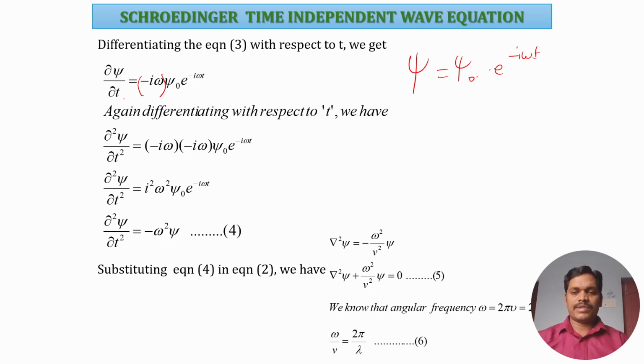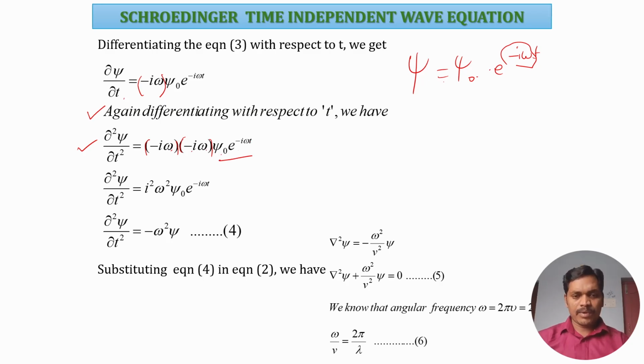This is the differentiation method. We still have to differentiate one more time, and we again get -iω times ψ₀ e^(-iωt), so that ∂²ψ/∂t² has -iω times -iω ψ₀ e^(-iωt).